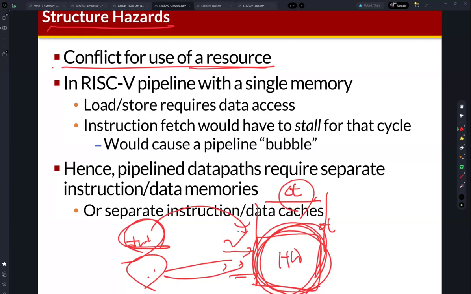In this case, the task has to wait. Waiting means that clock cycles are wasted. So this is the structure hazard: multiple tasks use the same hardware resources, but the hardware resources are already occupied, so the next task cannot utilize this hardware.